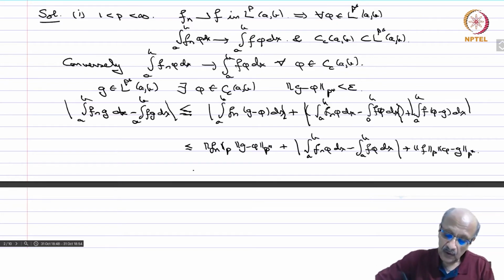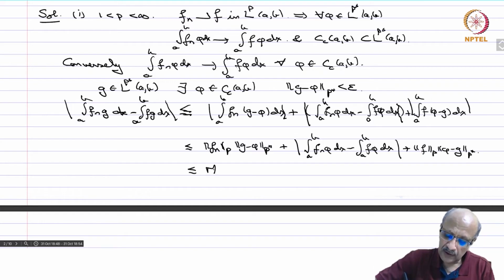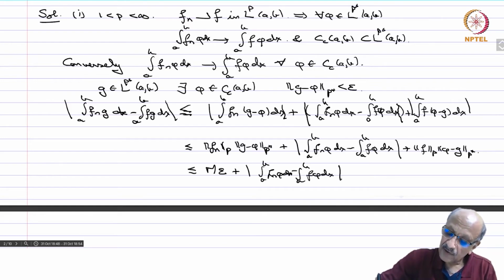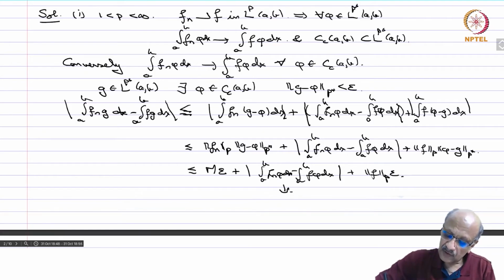Okay, norm f_n in p is bounded, so this is less than M times epsilon, plus mod of the integral from a to b of f_n phi dx minus the integral from a to b of f phi dx, plus norm f in p times epsilon.